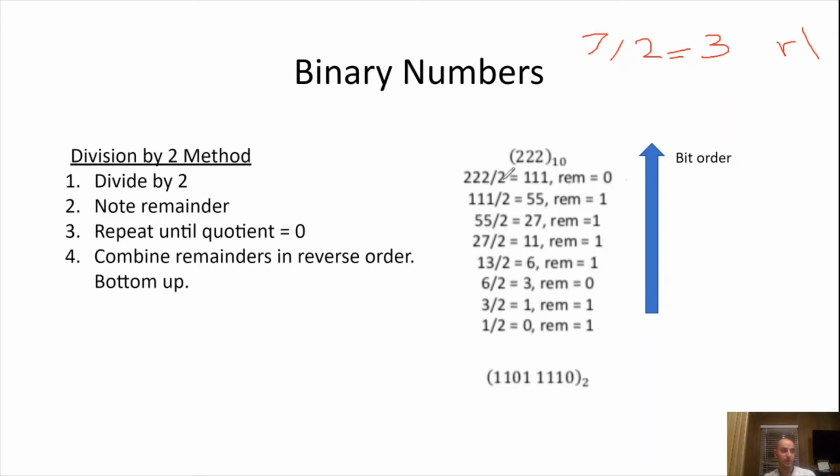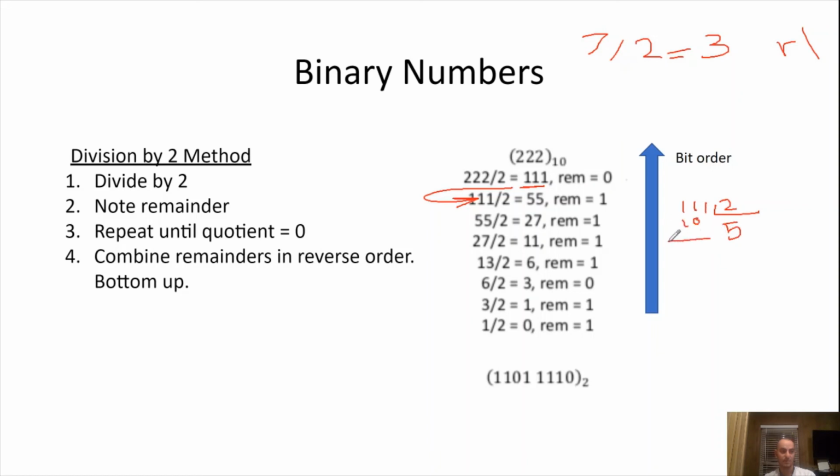So first you divide your number by 2, you get 111 and no remainder. Then you get this number here, which is your quotient, and you take it to the next level. So then you have 111, divide by 2, you are getting 55, and the remainder is 1. So you have to do it the old school way. 111 divided by 2, you start from here, so you have 5, that's 10.